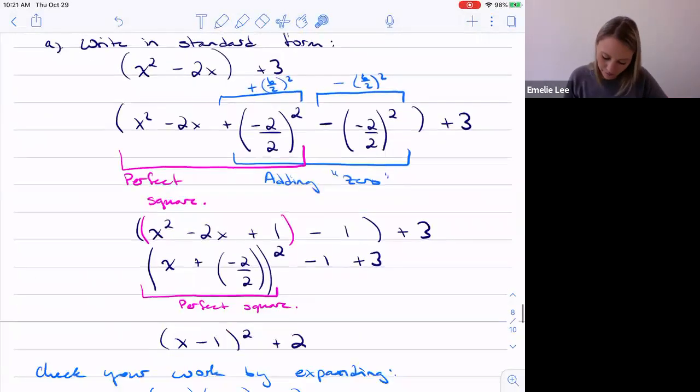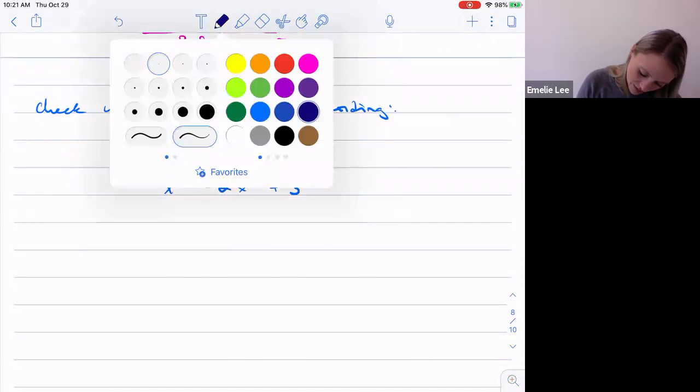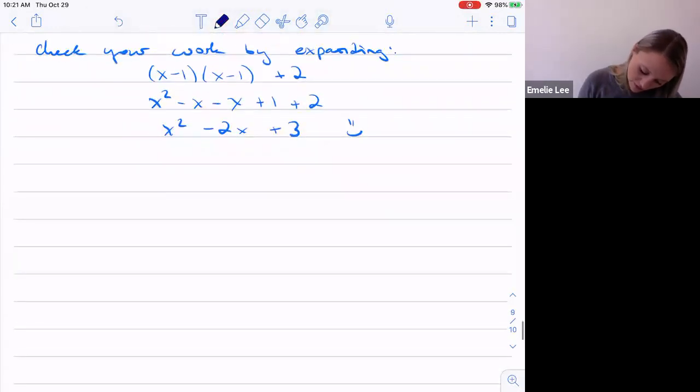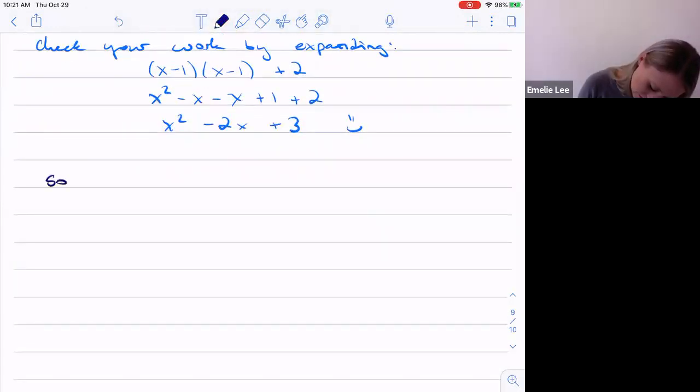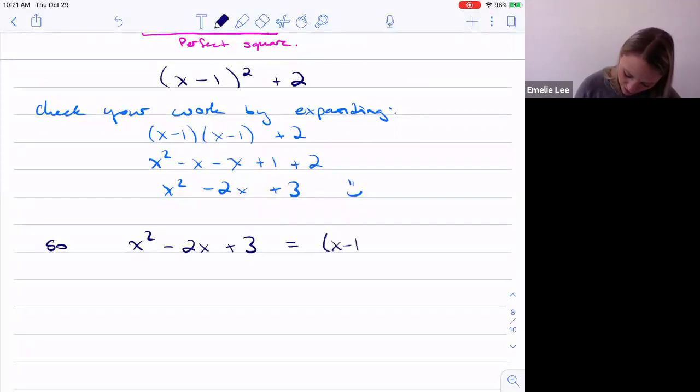So this is good to go. So x squared minus 2x plus 3 is equal to x minus 1 squared plus 2.